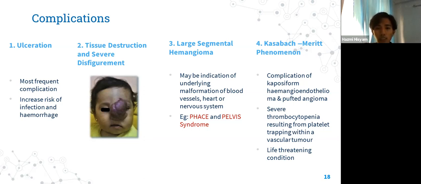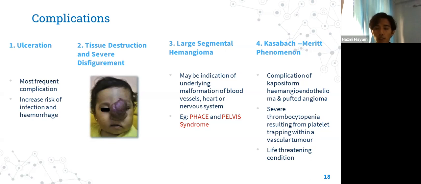The third complication is large segmental hemangioma. Large segmental hemangioma means formation of a large hemangioma at certain sites, such as the perineum or the face, head, and scalp. And if there is a large segmental hemangioma, it indicates underlying malformation of blood vessels, heart, or nervous system, such as in PHACE and PELVIS syndrome, which I will describe later.